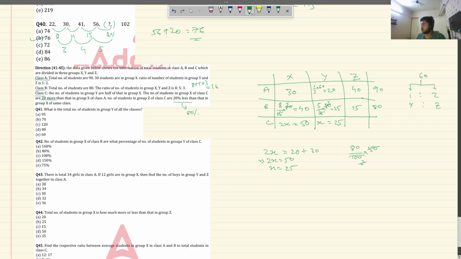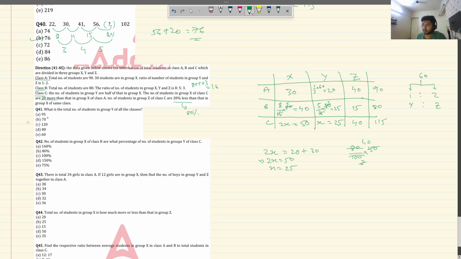So 80% of 50 is 40. So we have 40 students in group Z of class C. Total students is 40 plus 50, 90. 90 plus 20 is 110 plus 5 is 115. Okay.